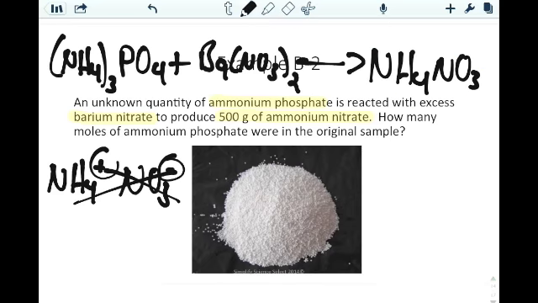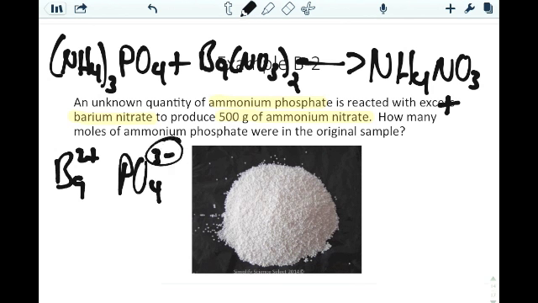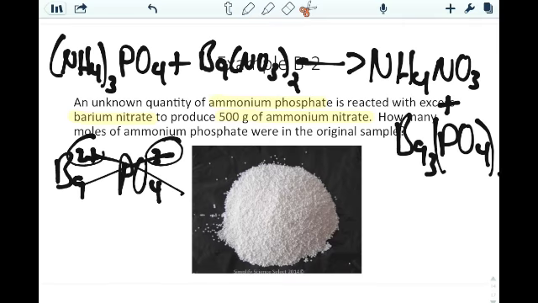Plus our other one, where barium will now be bonded to our phosphate. So barium is Ba 2 plus, phosphate PO4 3 minus, crisscross, and we get Ba3(PO4)2. There's our chemical equation.